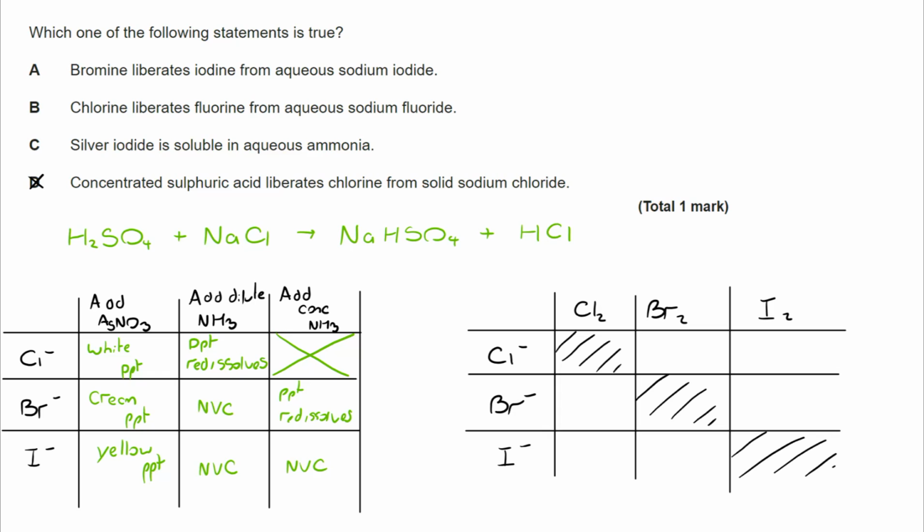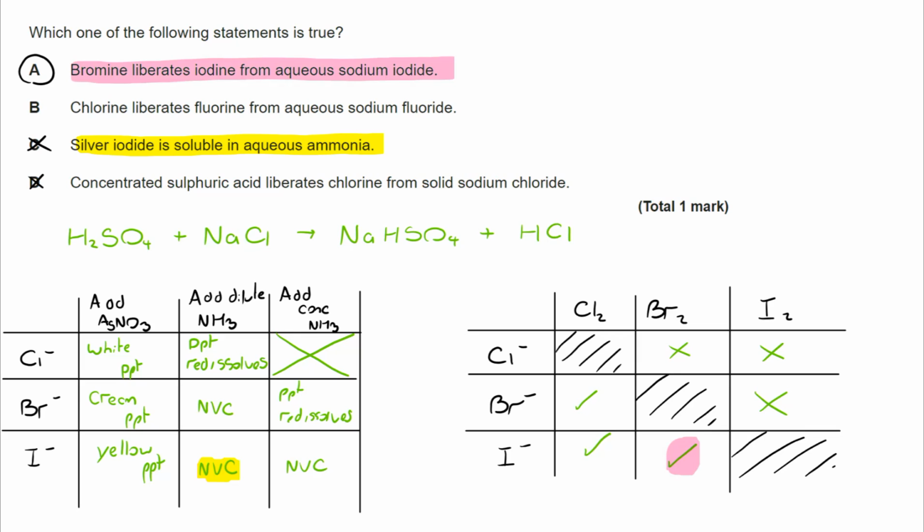Now I can also put together the displacement reaction table that we've already discussed as well. And if I put that information in, what we can see is that silver iodide, soluble in aqueous ammonia, absolutely not, because the yellow precipitate remains.